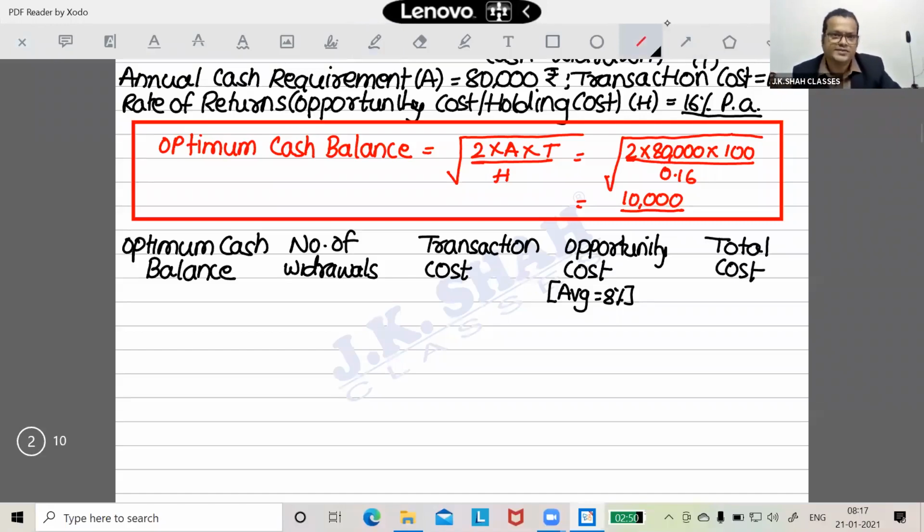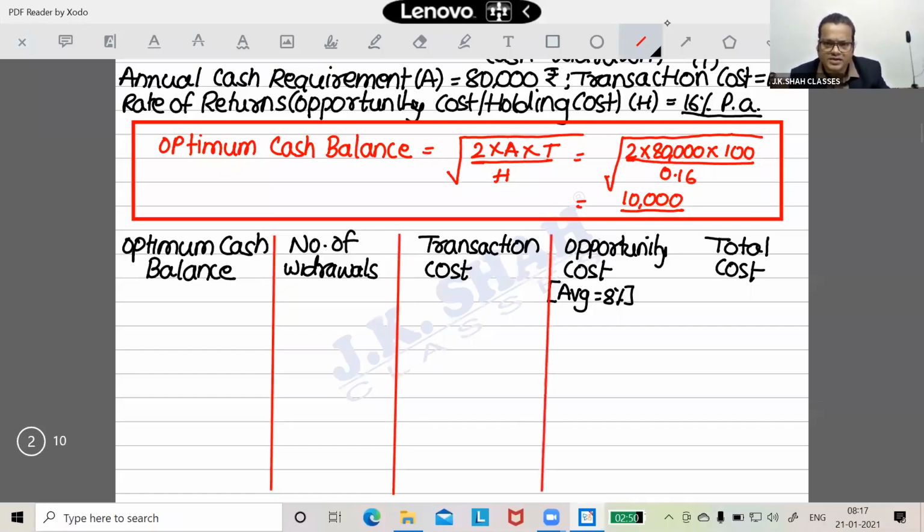Sir, what are you writing? You're going to create some imaginary examples, that what if he withdraws a certain amount of money, and then we'll check out what happens. Let's see.